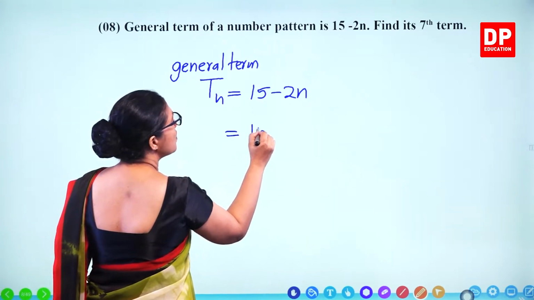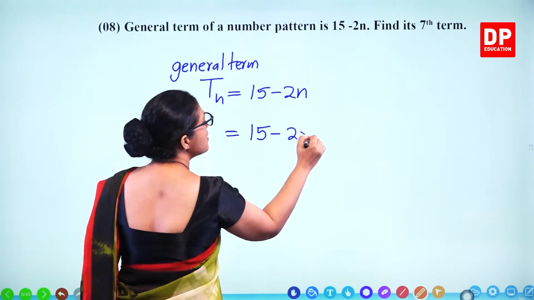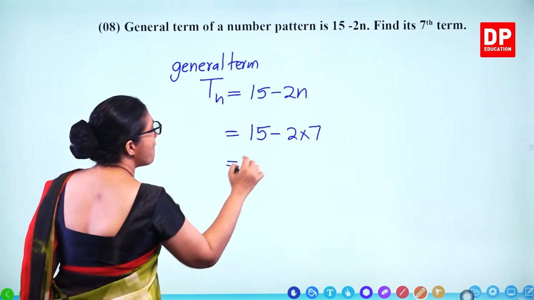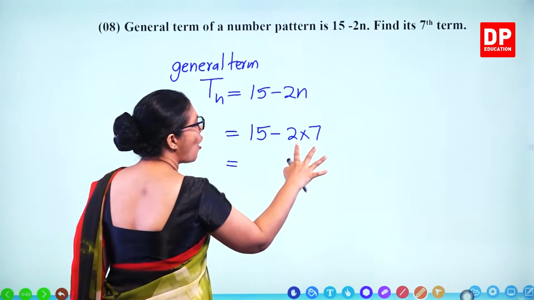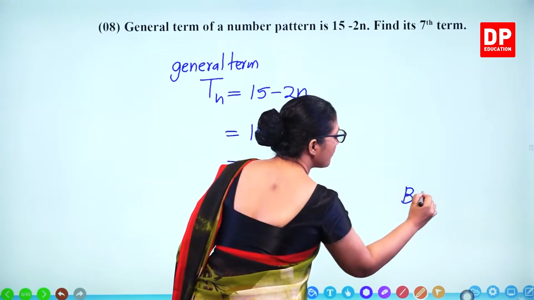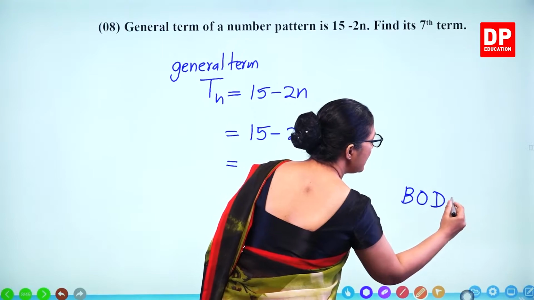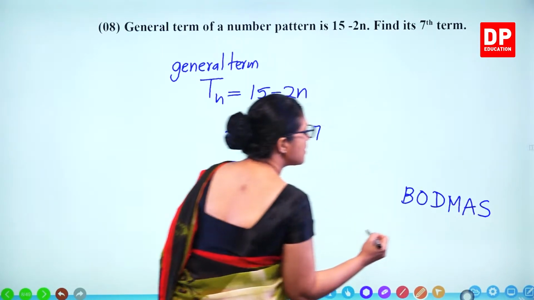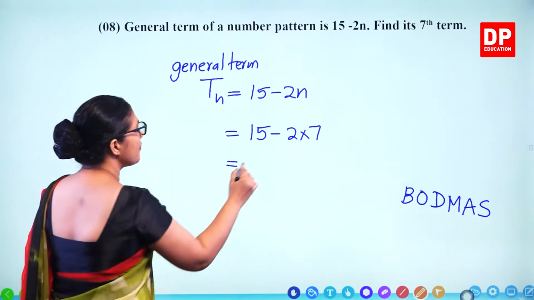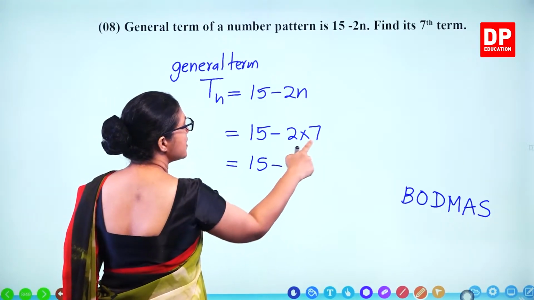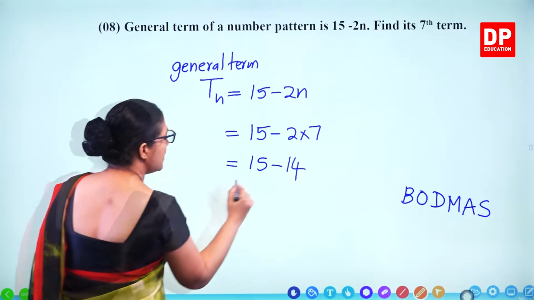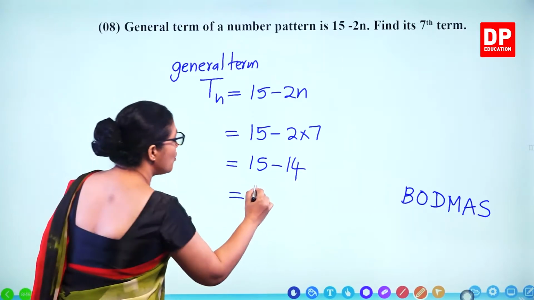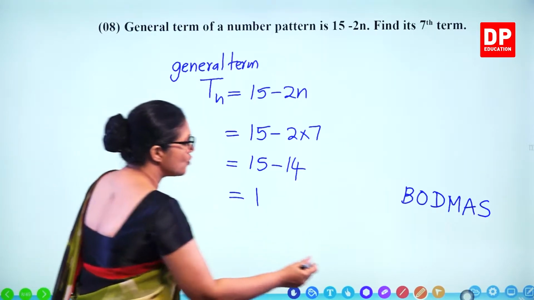Substitute n equals 7. So 2 times 7. Multiplication first, BODMAS. Brackets, order, division, multiplication, addition, subtraction. So 15 minus 7 times 2, 14. 15 minus 14, you get 1. So 2 marks.